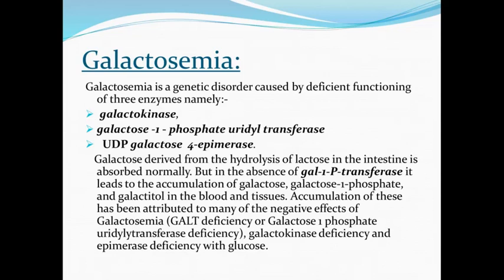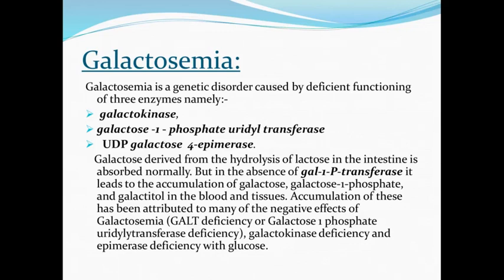Galactose derived from the hydrolysis of lactose in the intestine is absorbed normally, but in the absence of GAL1P transferase, it leads to the accumulation of galactose. So basically, when there is an absence of this enzyme, galactose accumulates in the blood.